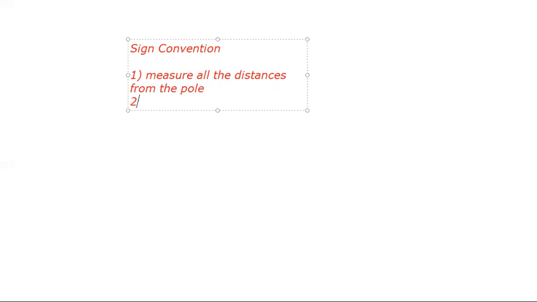Second, the distances measured from the pole in the direction opposite to the direction of the incident ray are taken as negative. For example, let me draw.